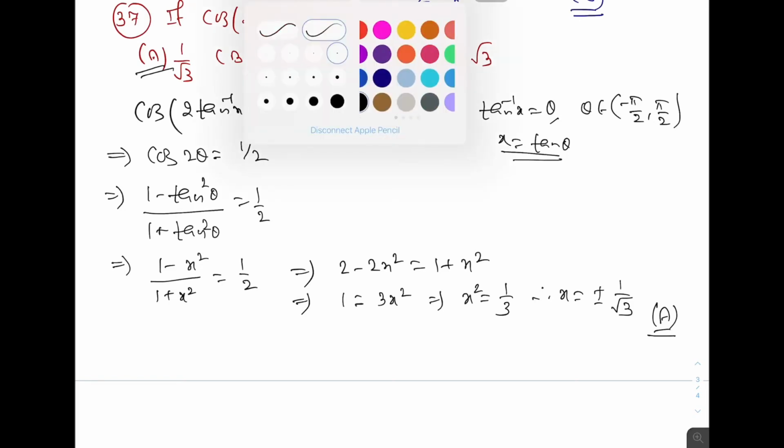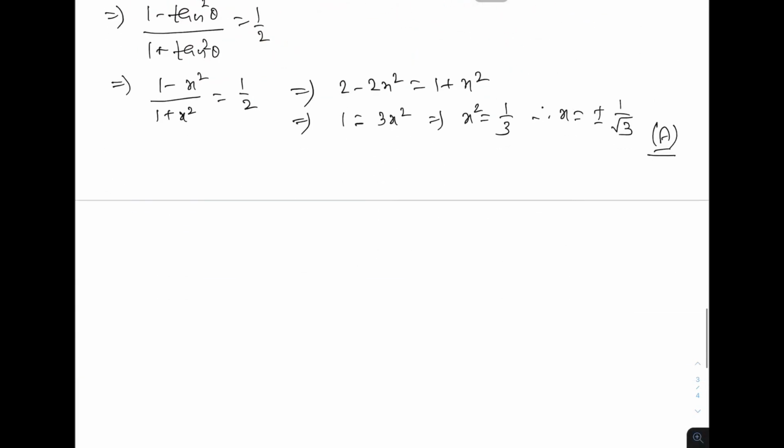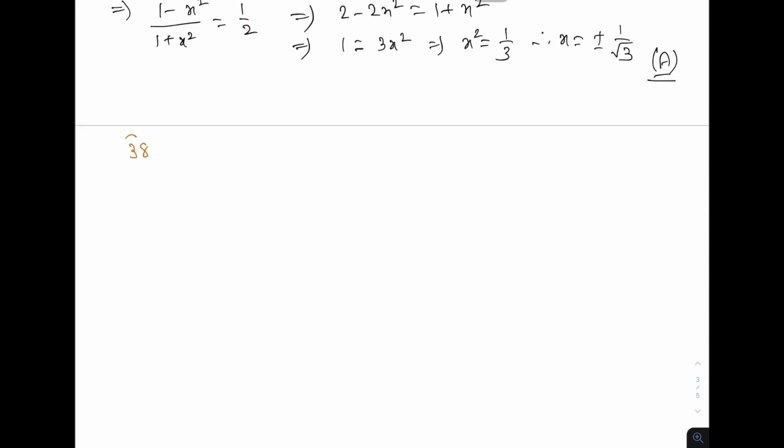Okay, let us take next one. The value of tan of sine inverse 3 by 5 plus cos inverse 5 by 13 is blank.